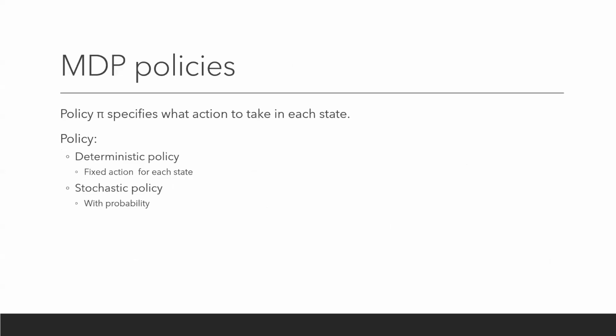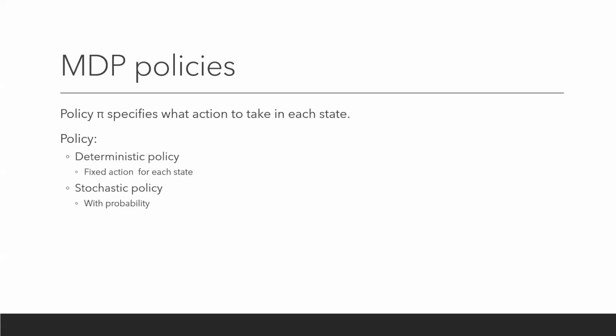And that's when I'd like to discuss also the MDP policies, which specify what action to take in each state. So after a number of episodes, the agent finds a particular optimal policy which is best to reach from the starting state to the ending state.